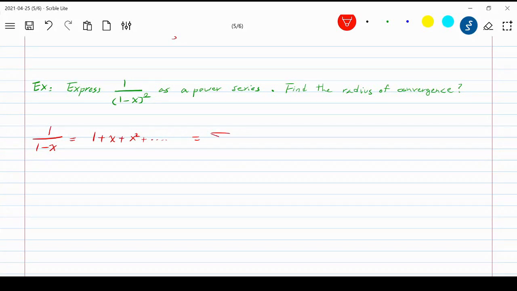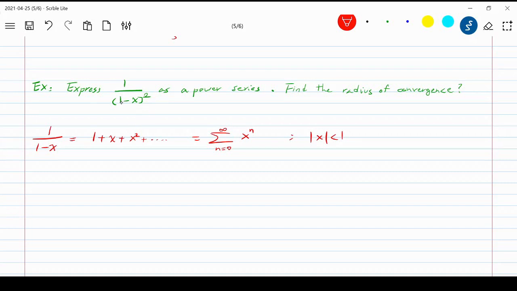I keep writing that summation just because I want you to see both formats of writing, from 0 to infinity. This is the same as that, just in shortened notation, right? And if we know the interval of convergence is absolute value of x less than 1, then the radius of convergence is simply 1.